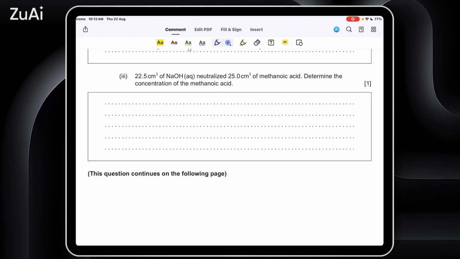That's easy. We have the volume of sodium hydroxide, which is 22.5, and the volume of methanoic acid, which is 25. Determine the concentration.